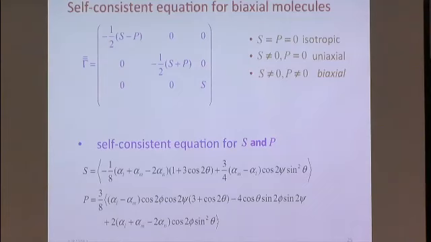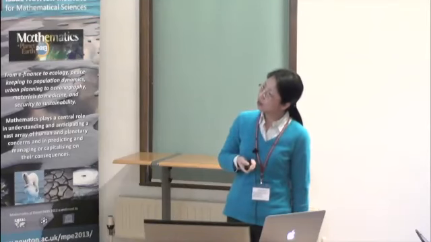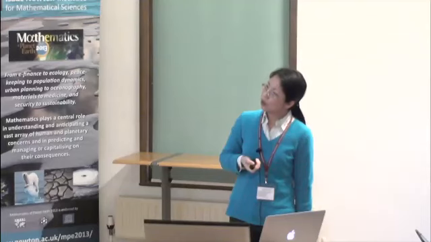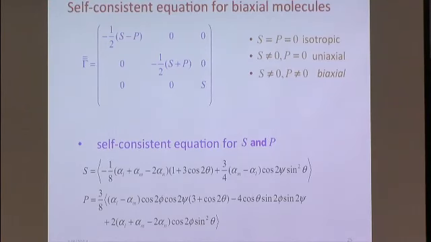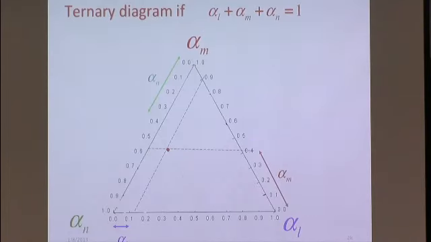Again, we call s the uniaxial order parameter and p the biaxial order parameter. A feature I have to mention here is that both s and p will not only depend on temperature, but also on these molecular parameters, the alphas. We have 3 alphas here.